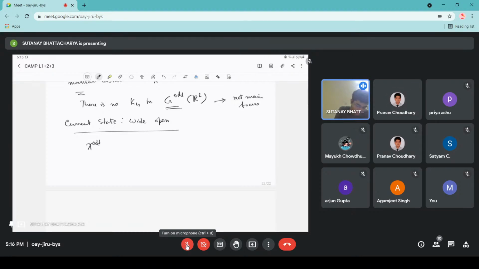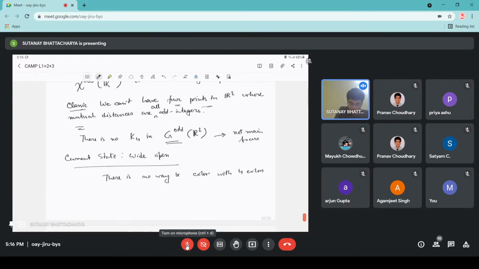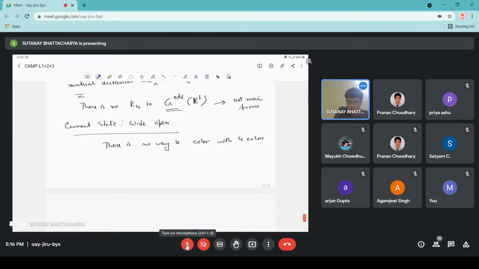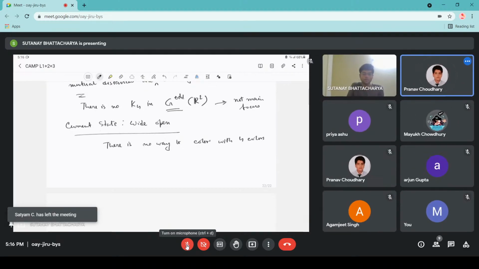We basically want to prove that there is no way to color this with four colors. The K4 property doesn't directly imply that there is no way to color that.